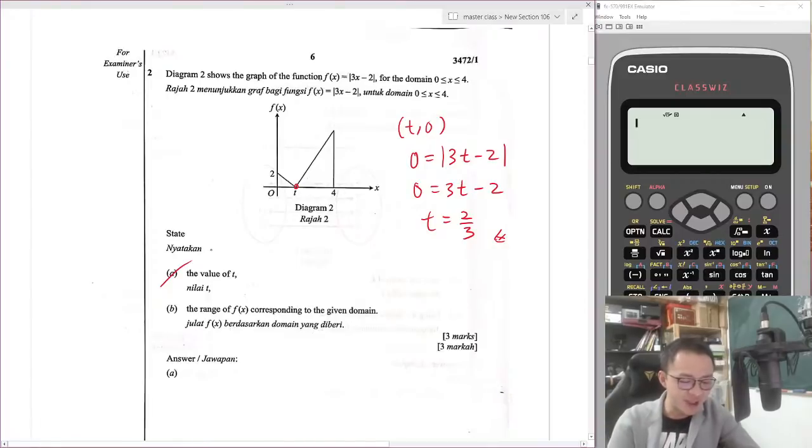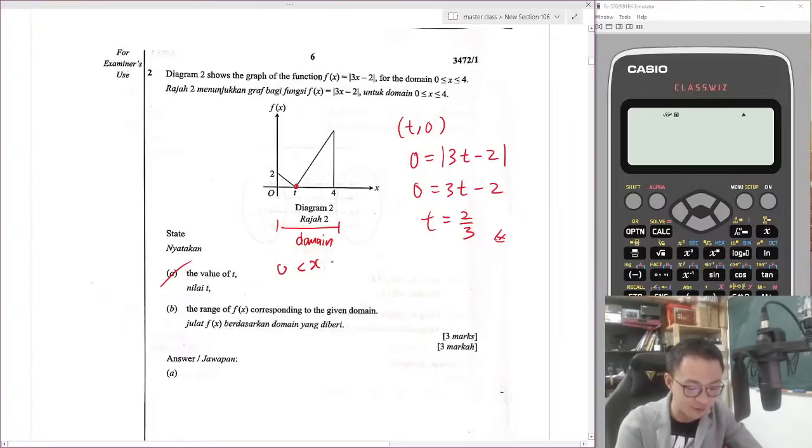Then find the range of f(x) corresponding to the given domain. This is what we call the domain, and we know x is between 0 and 4. The range goes from here to the bottom. What is our range? It goes from 0 up to the maximum, so we need to find this maximum.